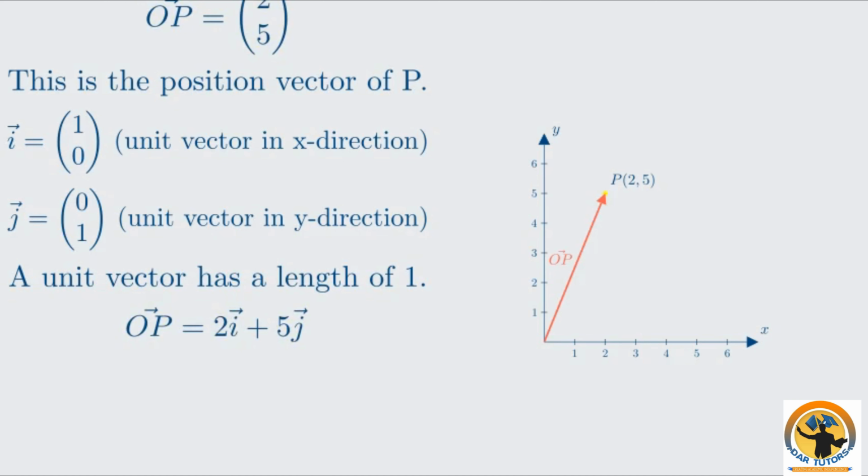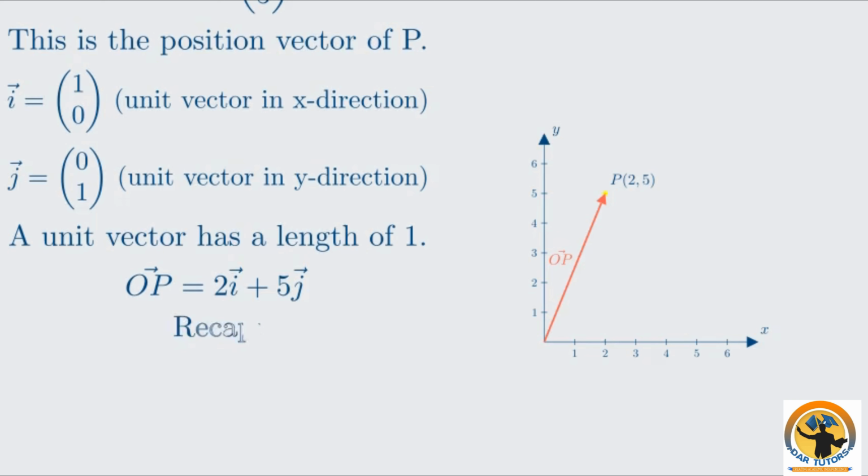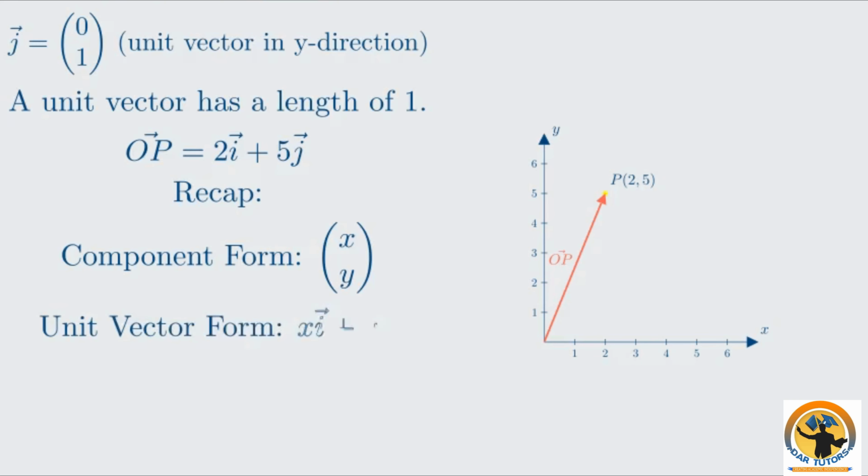This is called the unit vector form. So the component form, (2, 5), and the unit vector form, 2i plus 5j, are 2 different ways to represent the exact same vector. To recap, a vector can be written in component form as a column matrix or in unit vector form using i and j. Both forms represent a quantity with magnitude and direction.